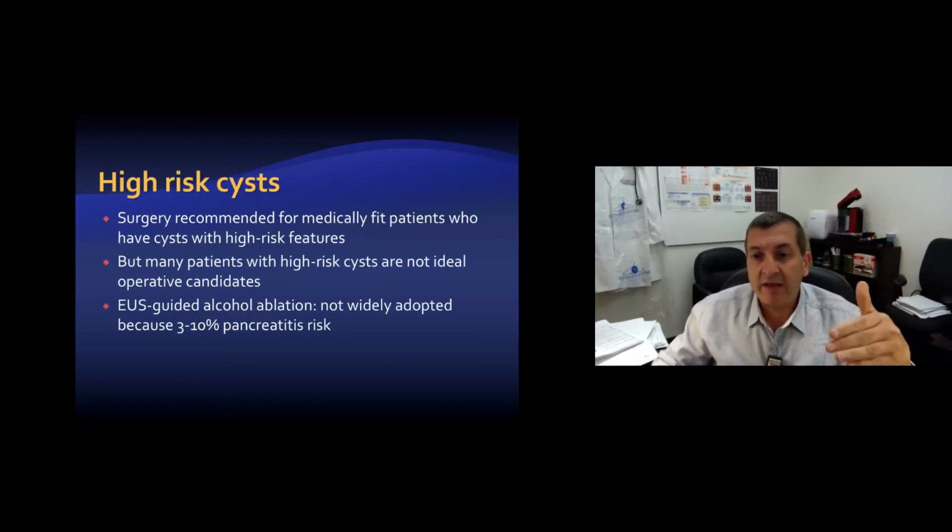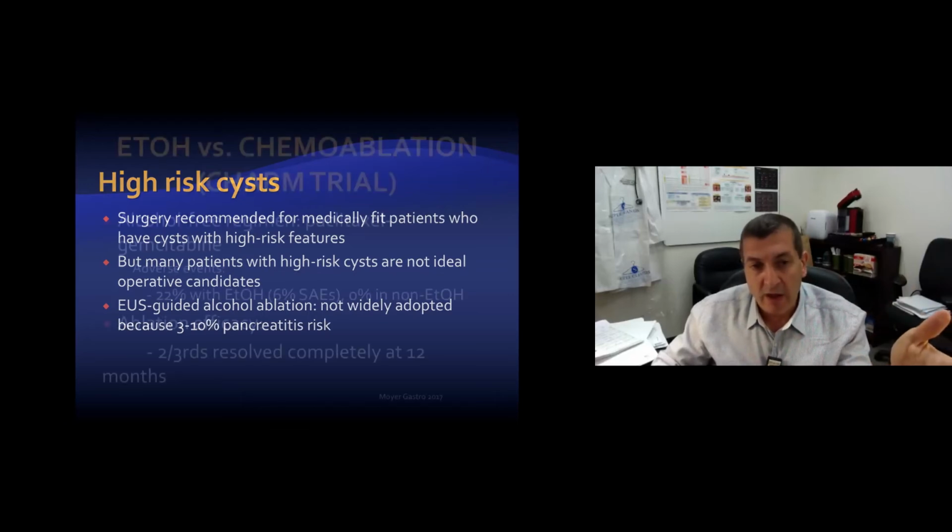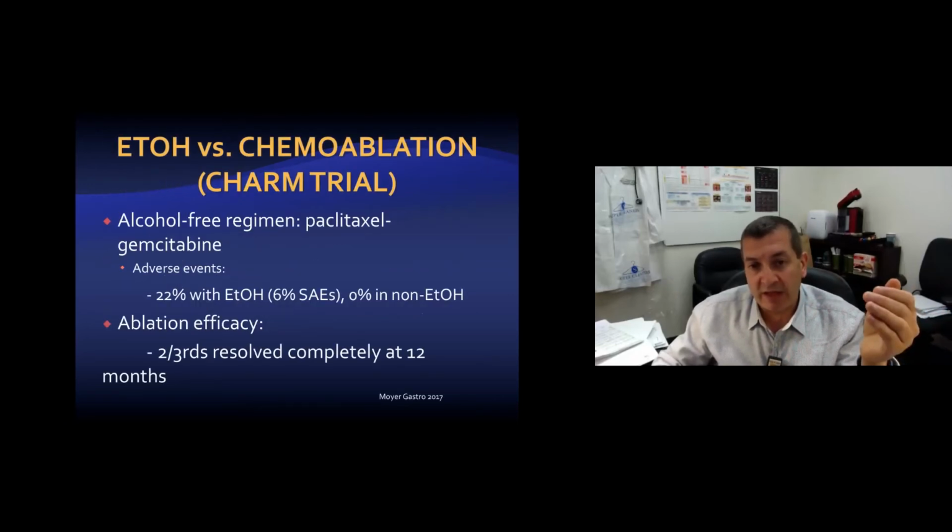Now, if they are high risk cysts, then you probably will refer them to surgery. And if they are not a surgical candidate, this is when you start thinking about ablating those cysts with either alcohol, or in this case, they tried chemotherapy agents to ablate those cysts.